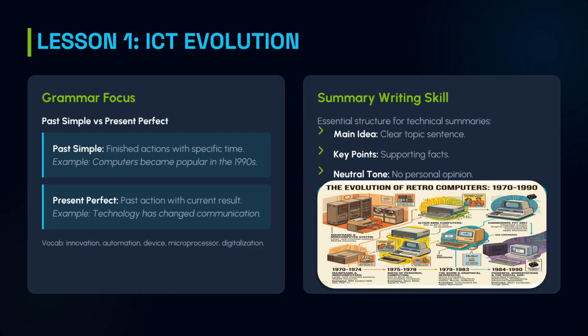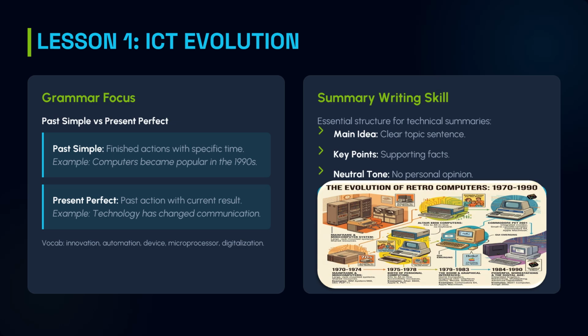We developed a system in the 2020s. That was a historical fact, a dead action that has no result in the present. However, for example, technology has changed our communication. That is a current reality. The action started in the past.